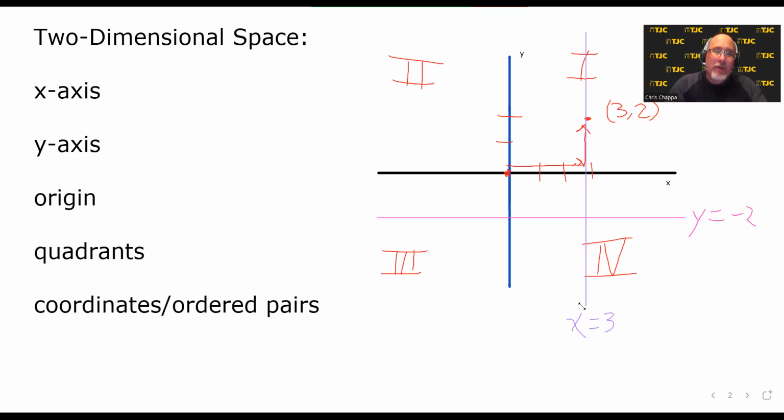And for convenience, we make one of them horizontal and the other one vertical. But if you've taken linear algebra, or if you're going to take linear algebra, you'll learn that we can actually navigate the entire plane with any 2 axes, provided that they are not parallel to each other. And it doesn't matter how they're scaled. There would always be a unique ordered pair to represent that, but I'll save that for a linear algebra class.